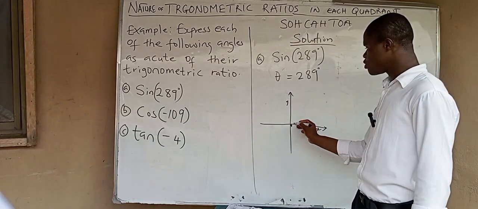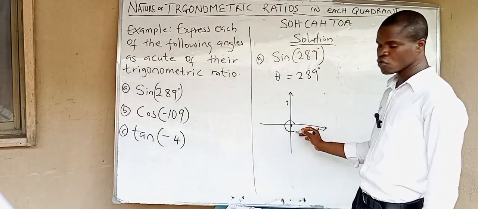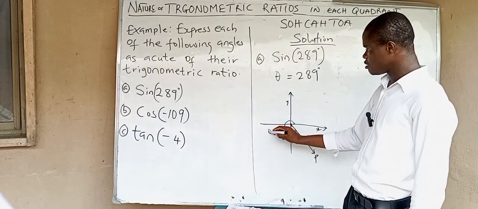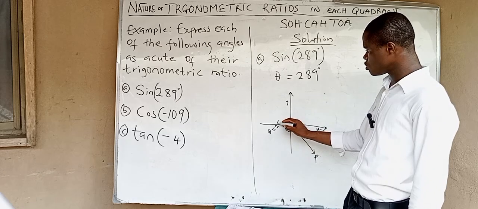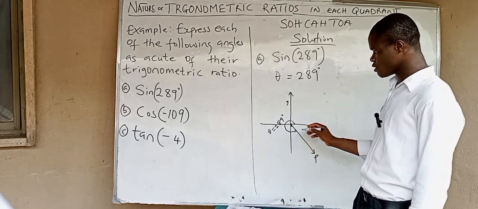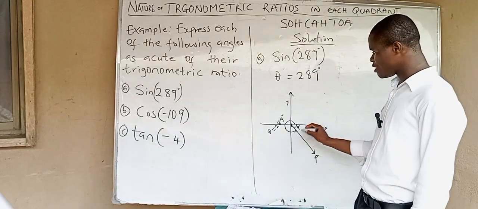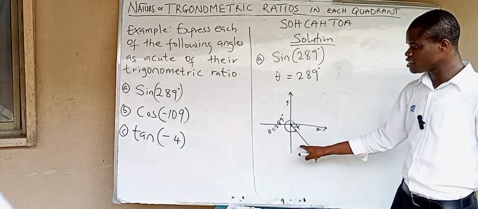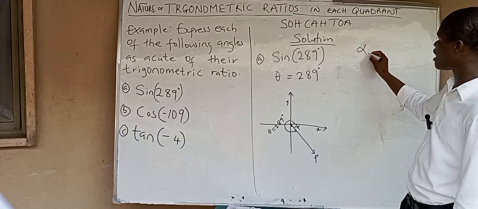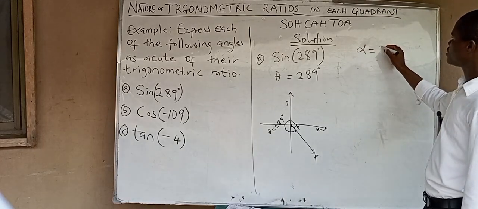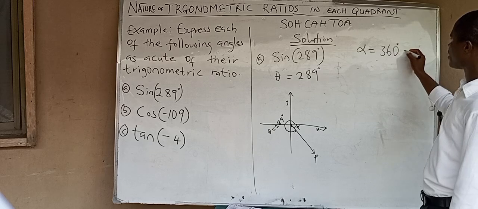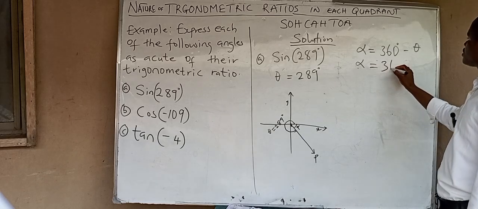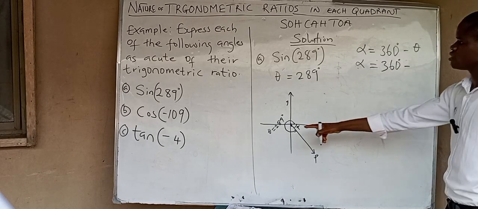That means we found ourselves in the fourth quadrant. This theta is equal to 289 degrees. So we are looking for this acute value. The formula to convert theta into an acute value in the fourth quadrant, remember, is given as alpha equal to 360 degrees minus theta. So alpha here is equal to 360 degrees minus theta, which is what?